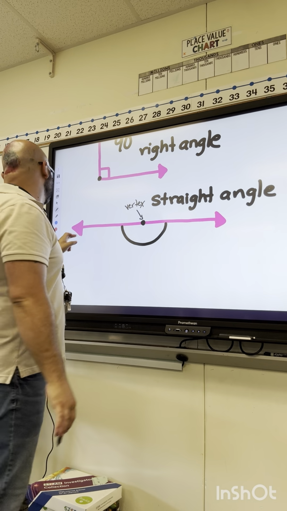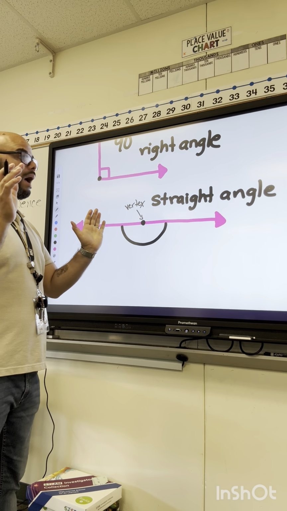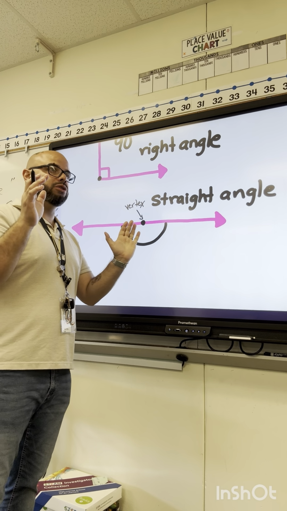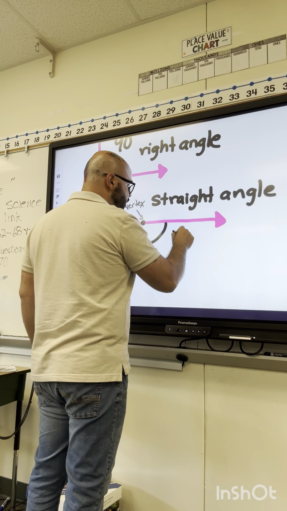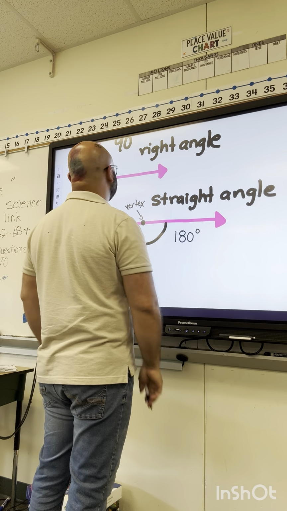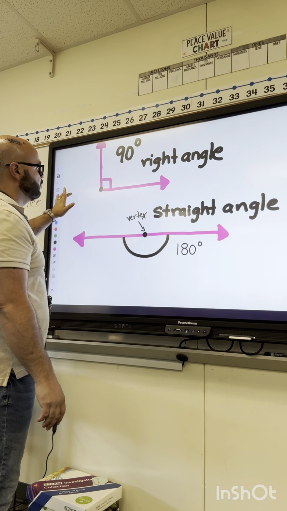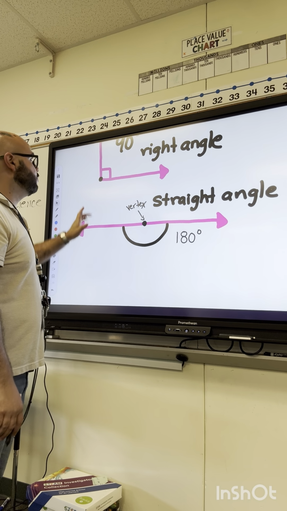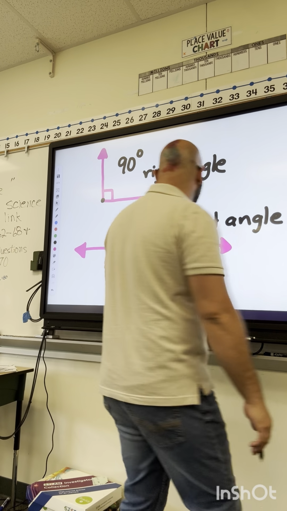Now a straight angle has a degree, no matter how you draw it out. If it's a straight line, it has a degree of 180 degrees. Now, Adam, do you see a right angle inside a straight angle?